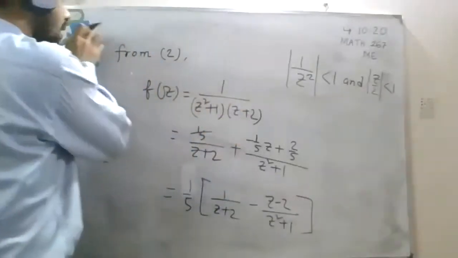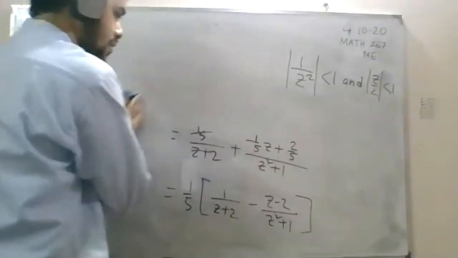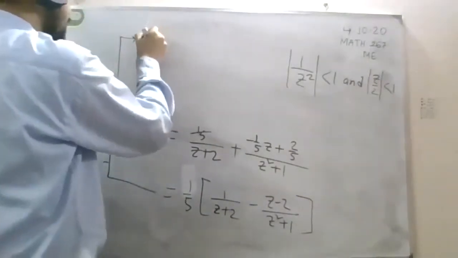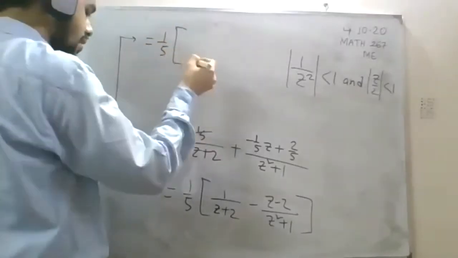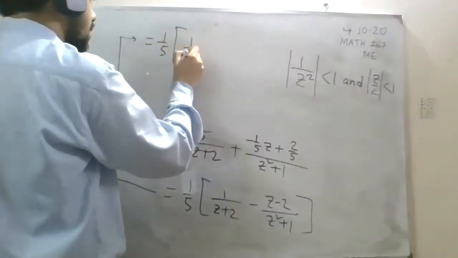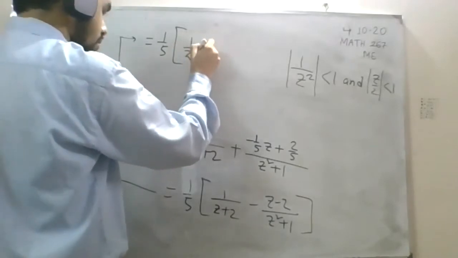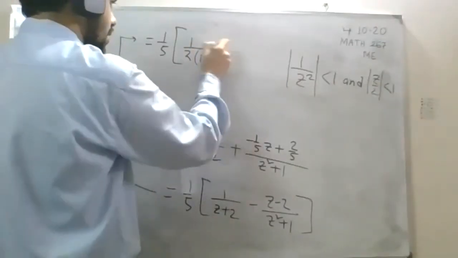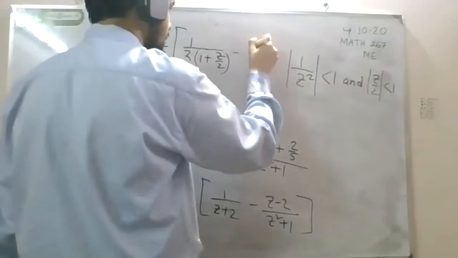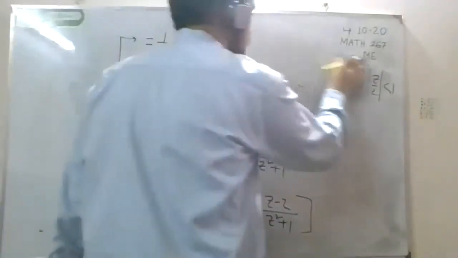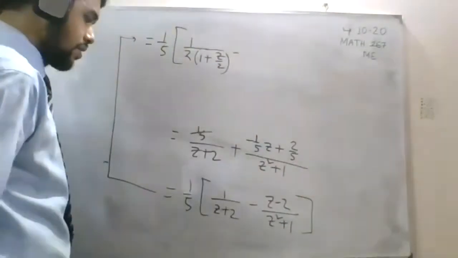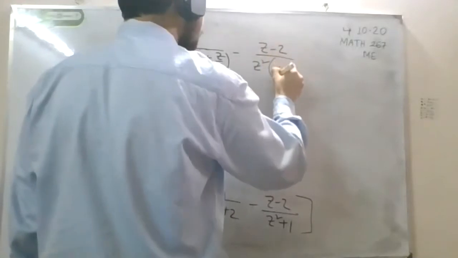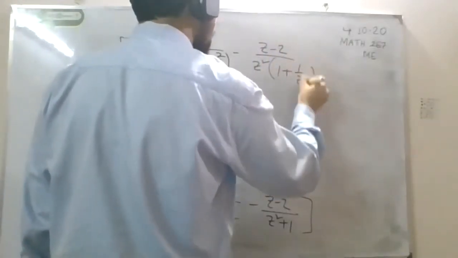So here you can say this is 1 by 2 into 1 plus z by 2, and here I can also say z square into 1 plus 1 by z square.